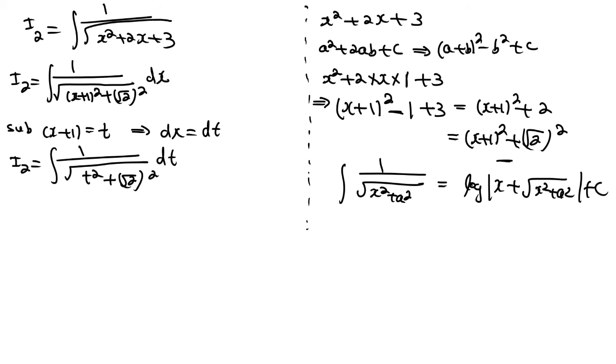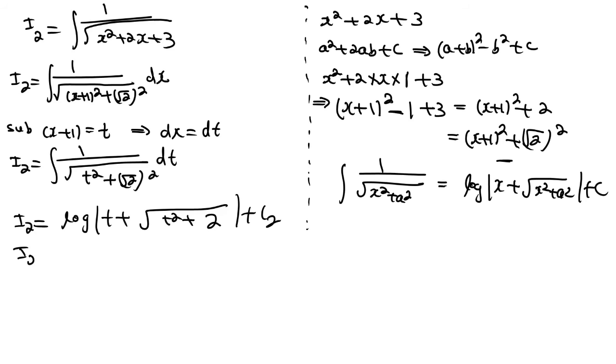So substitute here: I2 is equal to log of t plus square root of t square plus a square, where a is root 2, so a square is equal to 2 itself, plus integration constant c2. Then again simplify, I2 is equal to log of, t value is x plus 1, plus square root of (x plus 1) whole square plus 2, plus c2.